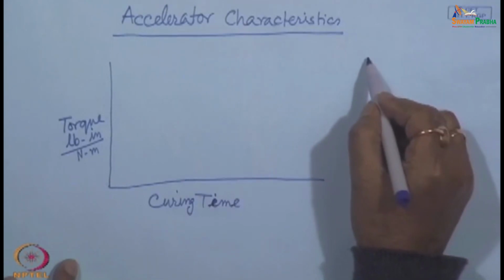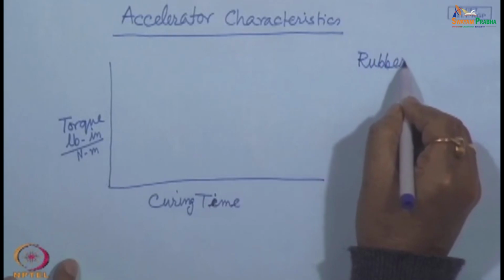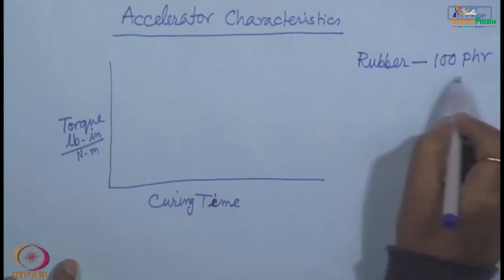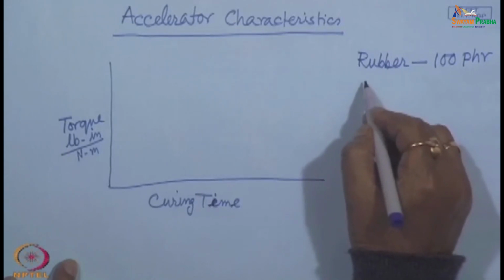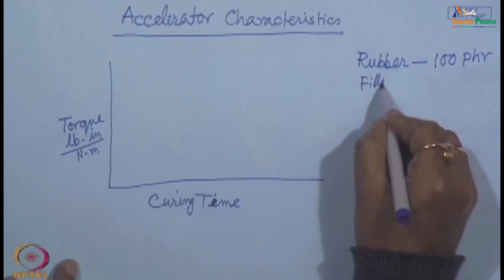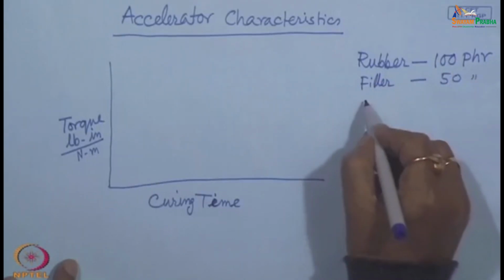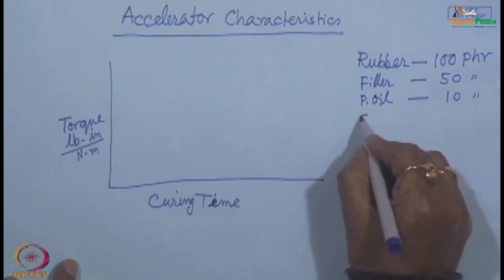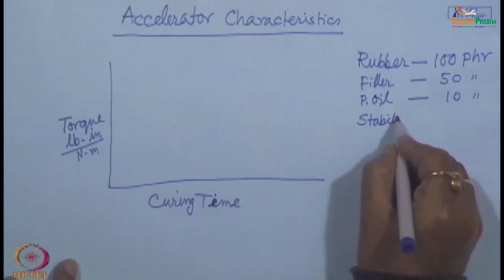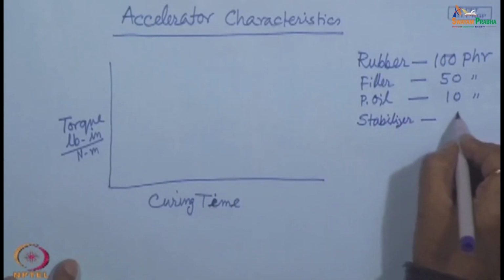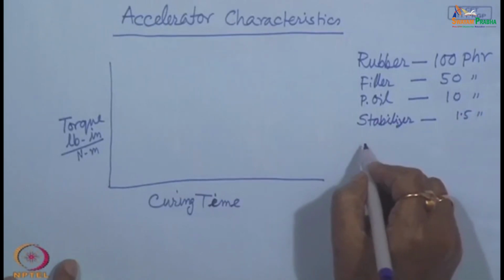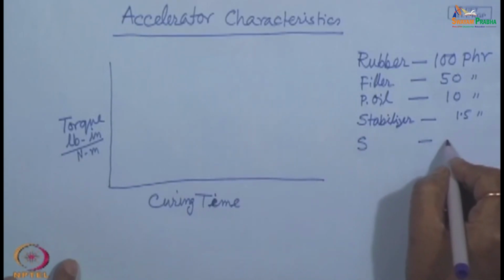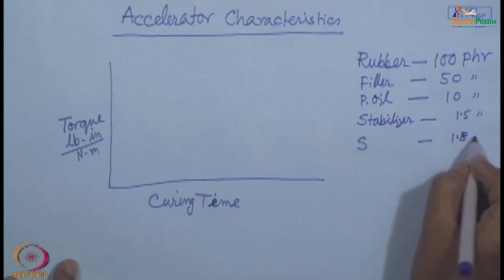A rubber compound contains rubber, say for example, 100 phr, parts by weight, then filler that may be 50 phr, then process oil that may be 10 phr, then stabilizer, antioxidant that may be 1.5 phr, and sulfur as the cross linking agent that may be present as 1.8 to 2 parts by weight.